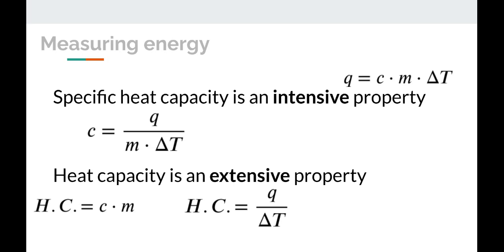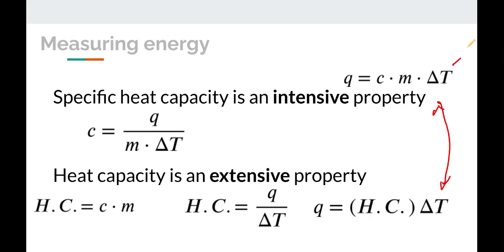You can just ignore all the individual specific heat capacities and just look at the object's ability to resist temperature change as the heat capacity. And then if you wanted to evaluate how much energy was transferred into or out of that object, it's just the heat capacity times the delta T.